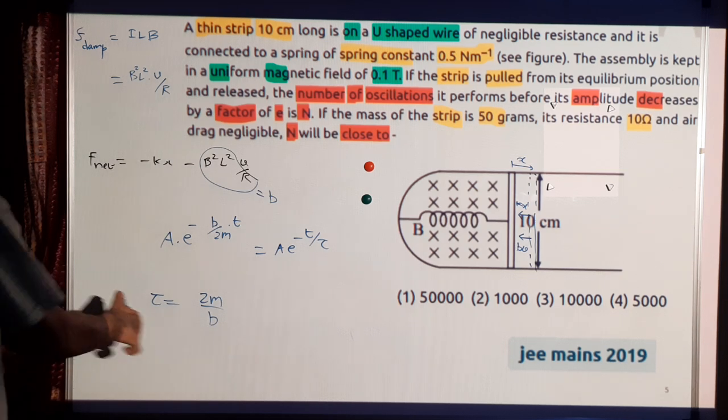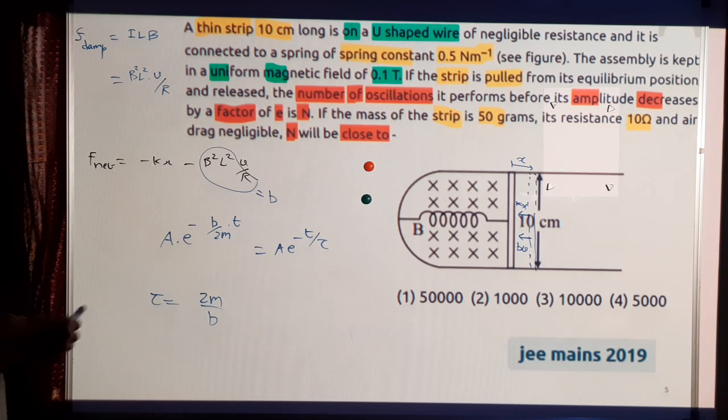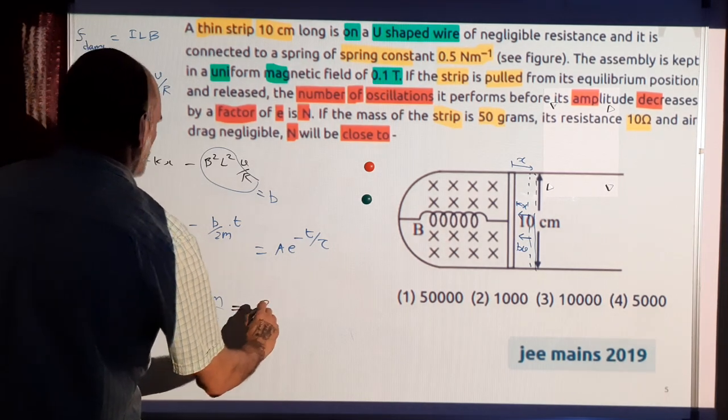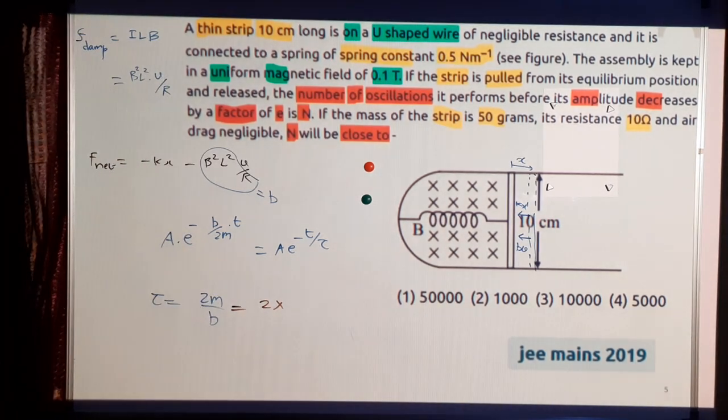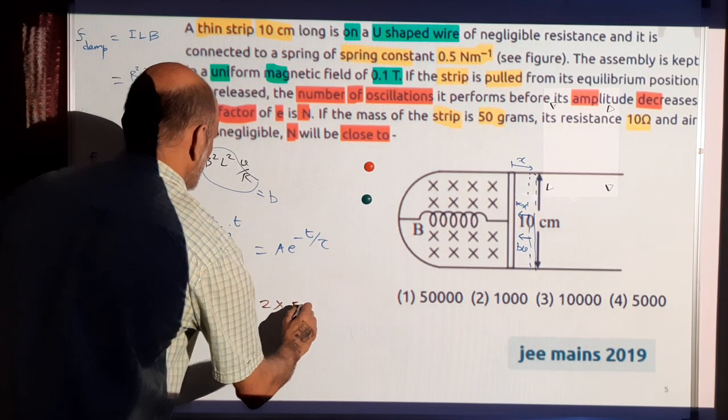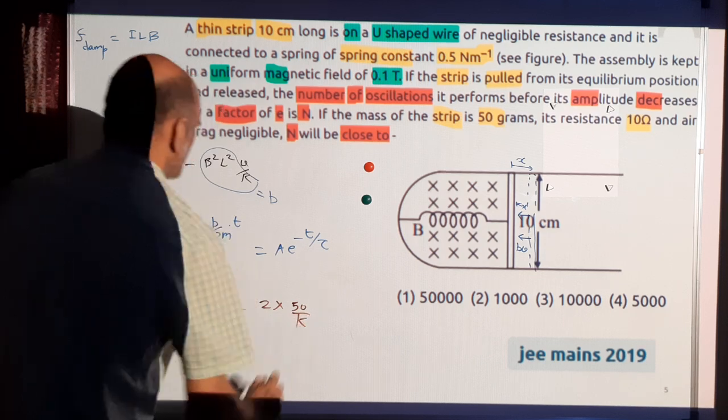So to find this time tau, b is B square L square by R, so we can find it here itself: 2 into mass of the rod, 50 grams, so in kilograms, 50 by 1000.